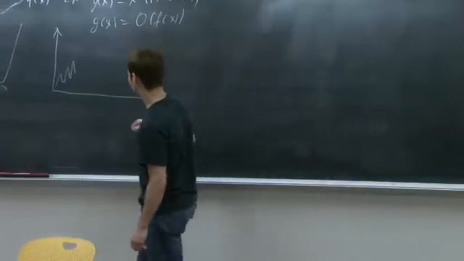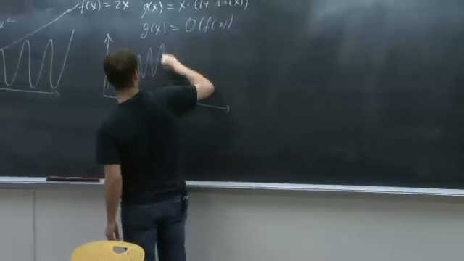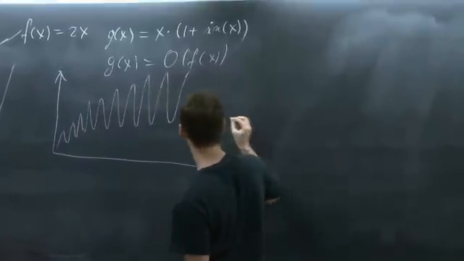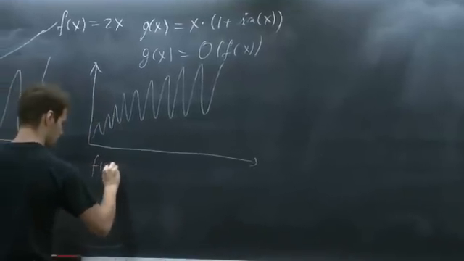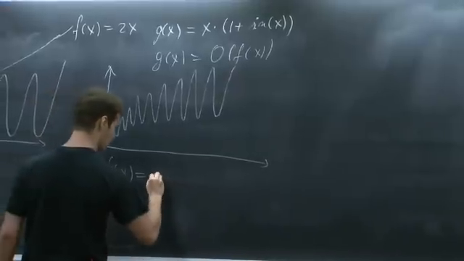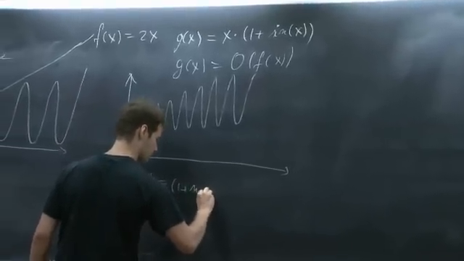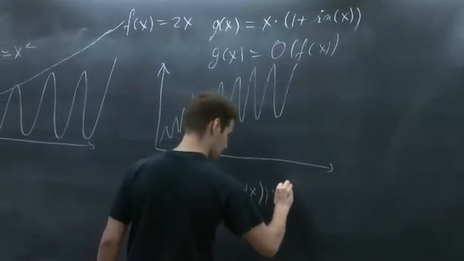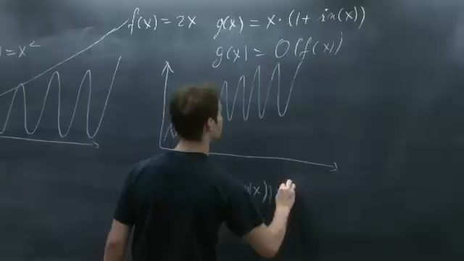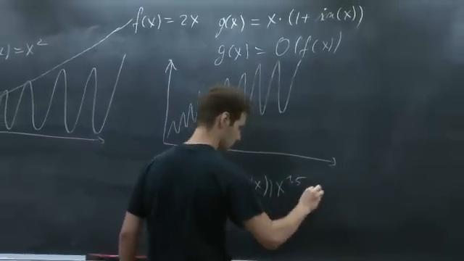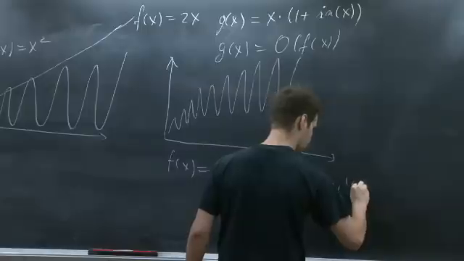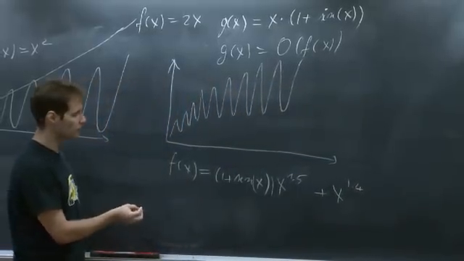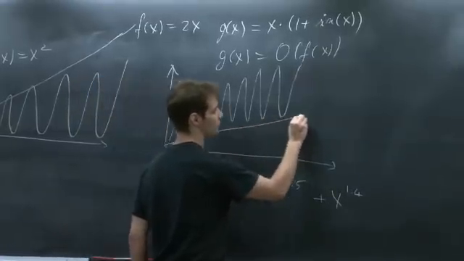Okay. So I'm going to draw another function. This one looks like this. And this is f of x equals 1 plus sine of x, times x to the power of 1/5 plus x to the power of 1/4. So for this function, I know for sure that it is greater than x to the power of 1/4, right?